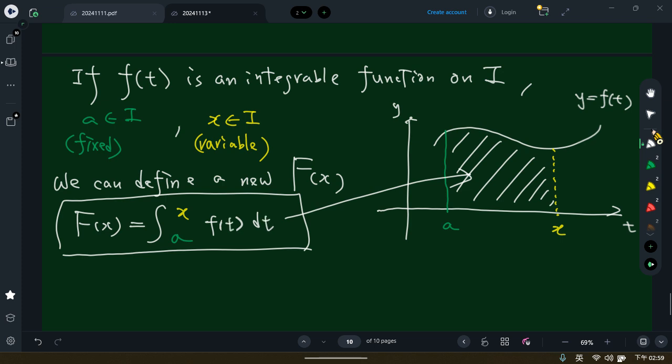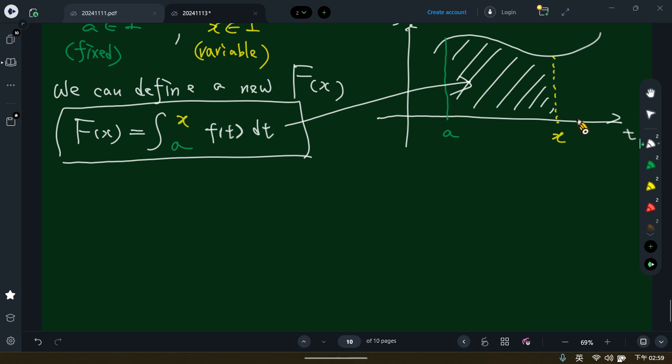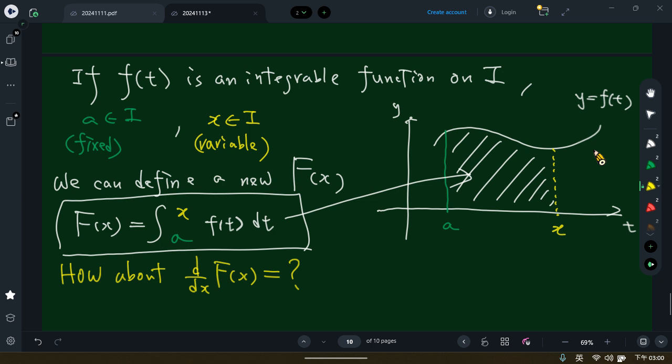T dt, right? So big F is talking about the area from A to X under this curve. Okay? So based on this idea, if I try to differentiate it, what is the result? Let me just emphasize it again.